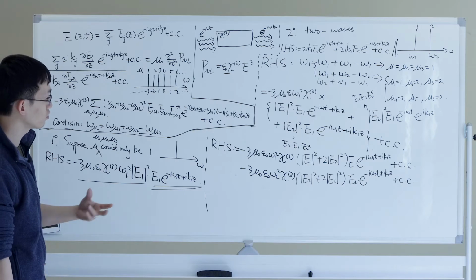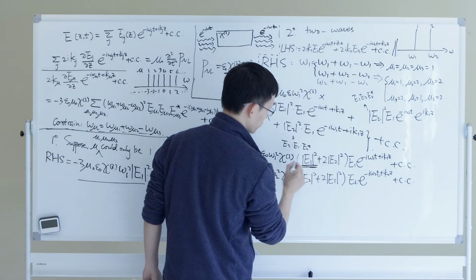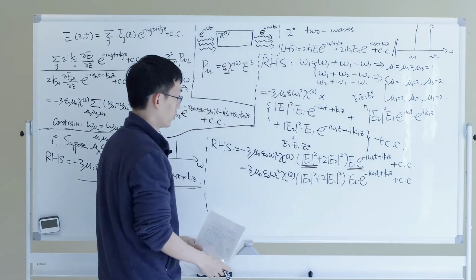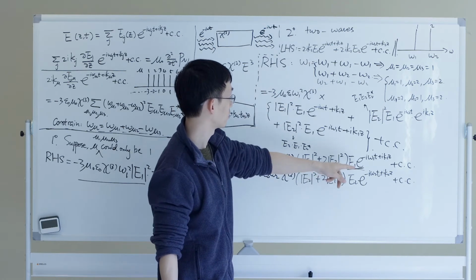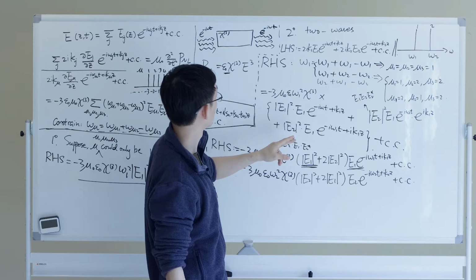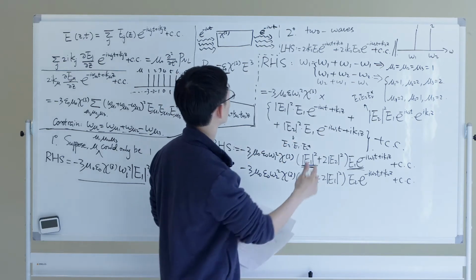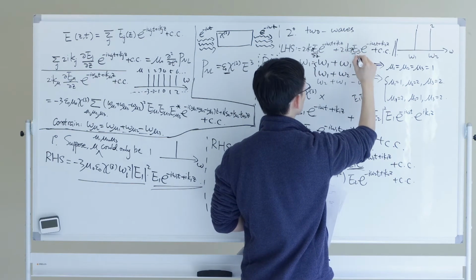And what you realize here is that, first of all, this frequency term, if you write down the equation, oh, the left-hand side term is wrong. So partial z, partial z.